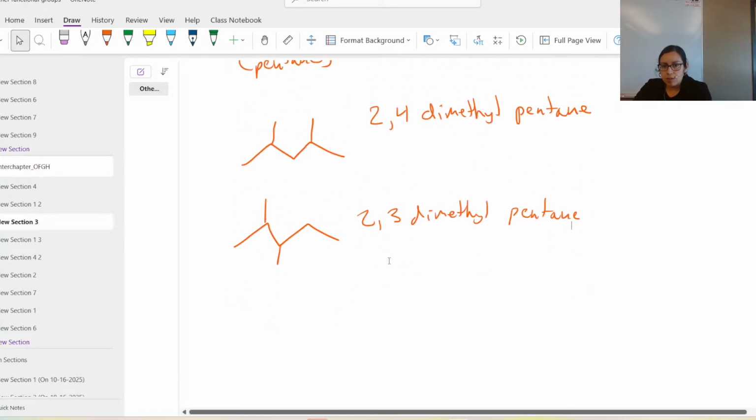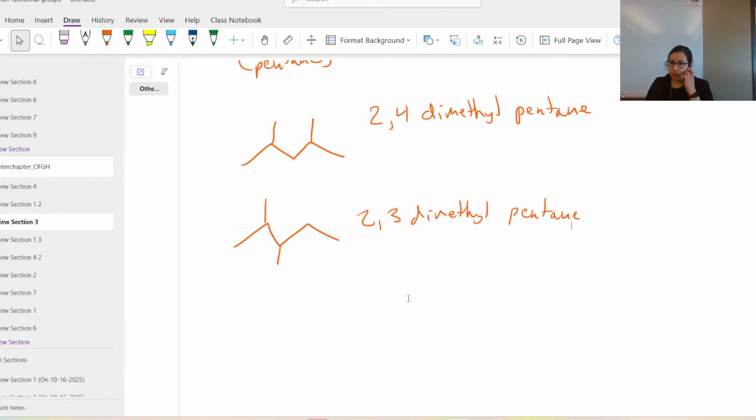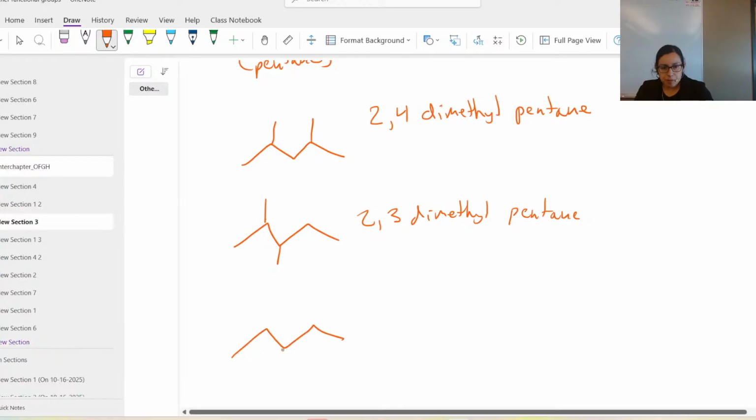What else could we do? Like an ethyl group? So let's look at that, because it can only go on the middle one. And so we could take a look at like Y for a second.